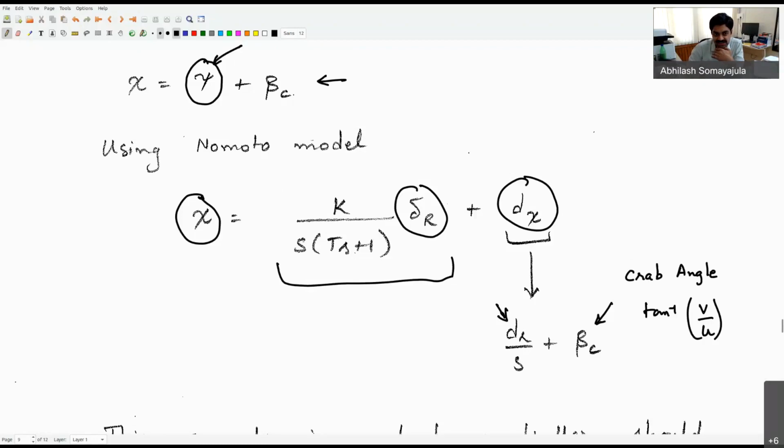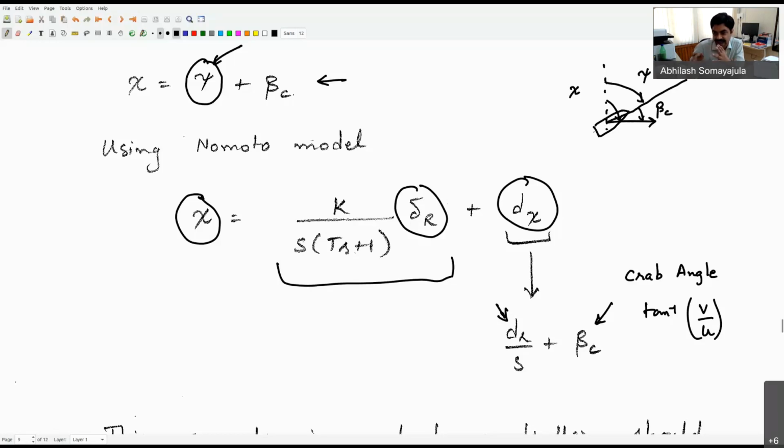So when I take a vessel, and let us say that this is my north direction, and where the velocity vector is pointed, this angle is chi. That is equal to the heading angle, which is this angle, plus this angle, which is the crab angle beta c.